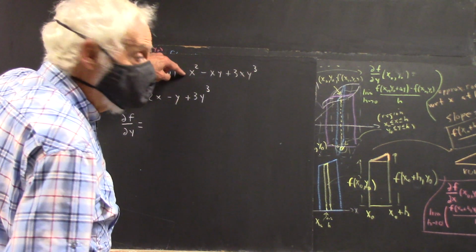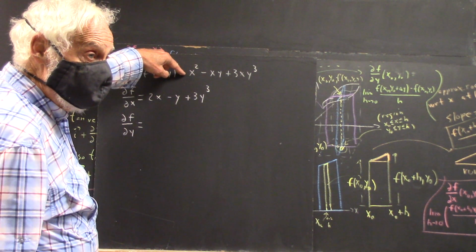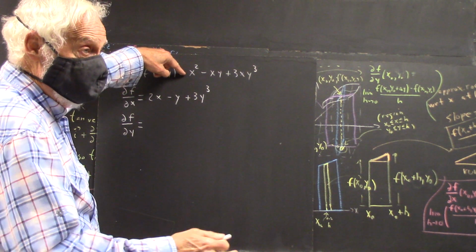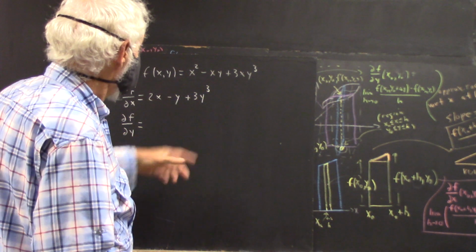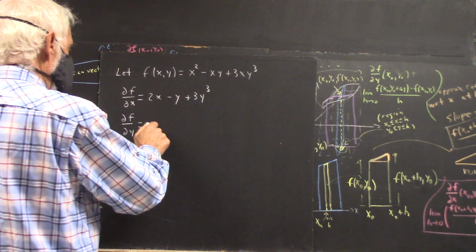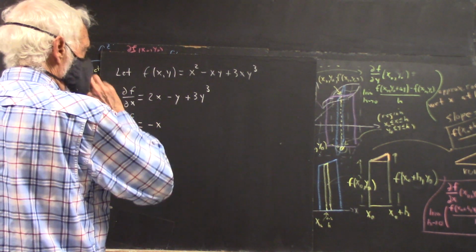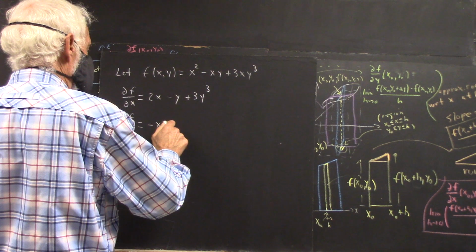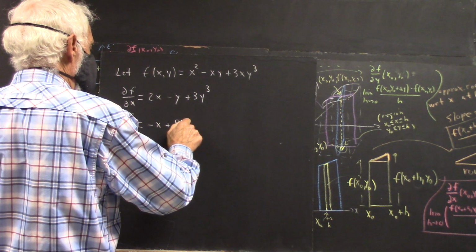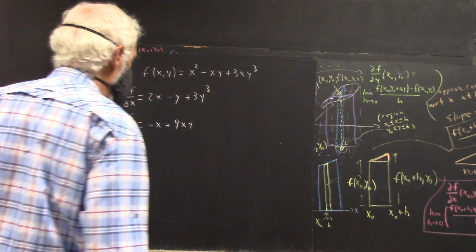Well, we have no y dependence in x squared. x squared doesn't change when y does, so its rate of change is 0. Negative xy gives us a negative x. And then 3xy squared gives us 9xy.